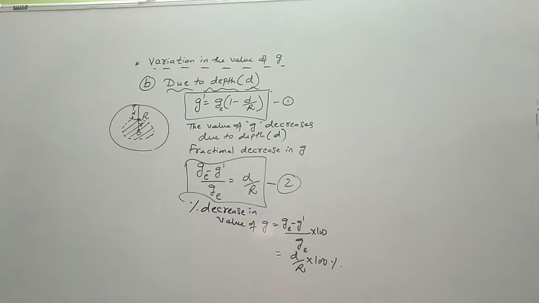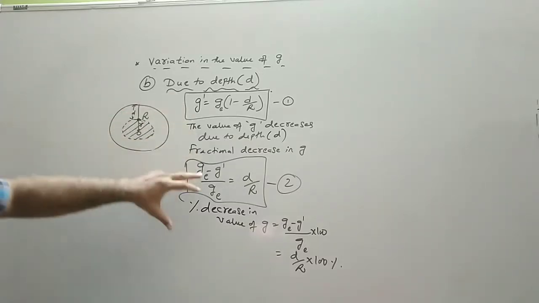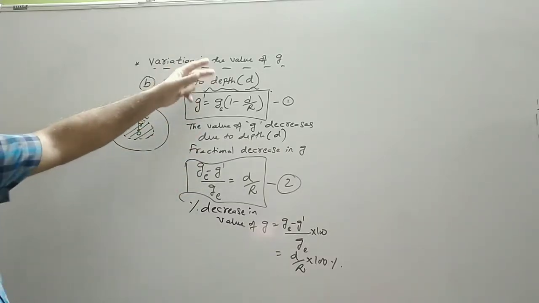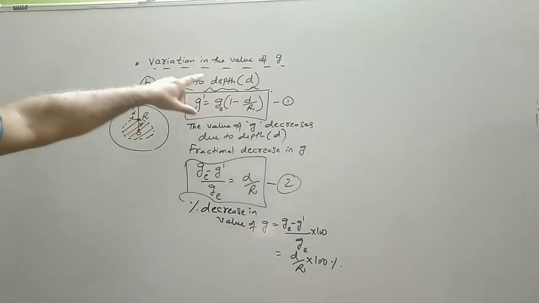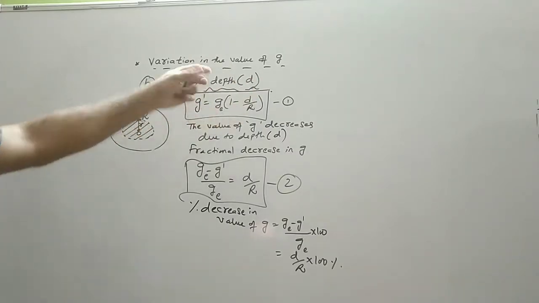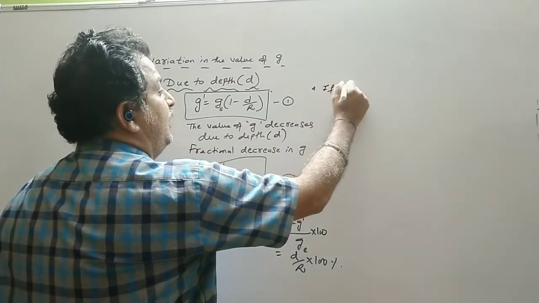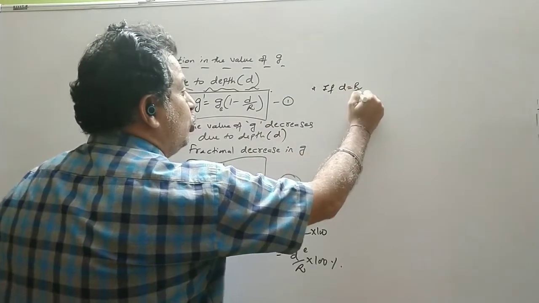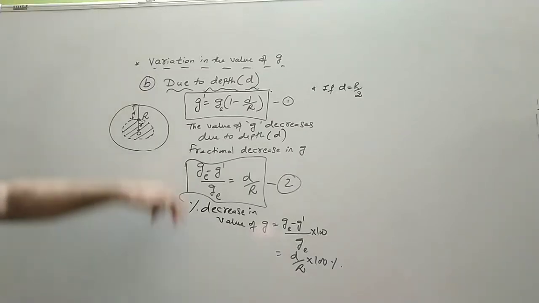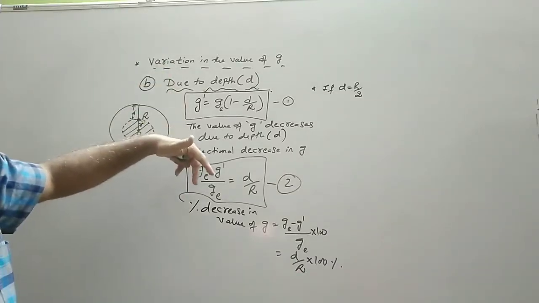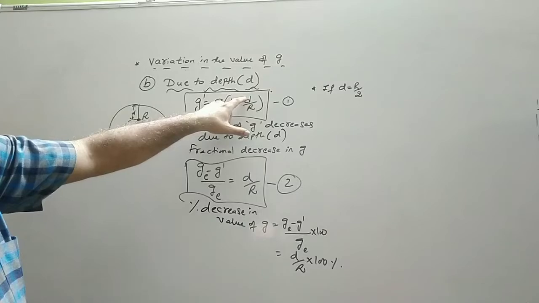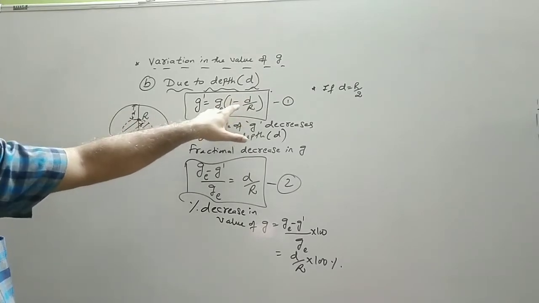So these are the two basic formulas to find out the variation in the value of g due to depth. Now let us consider the case again. If d is equal to R by 2, means you move half inside the earth. So d is equal to R by 2. So that is 1 minus half.